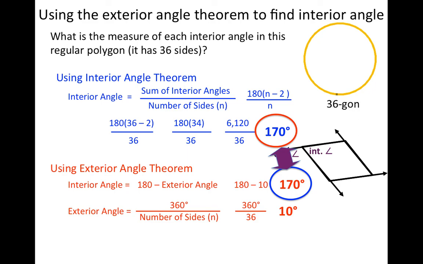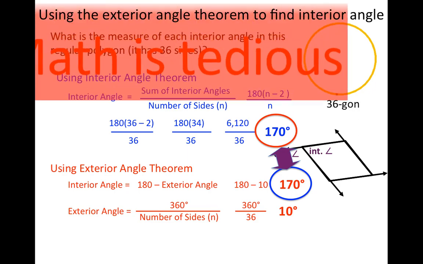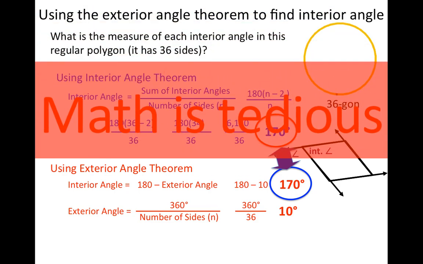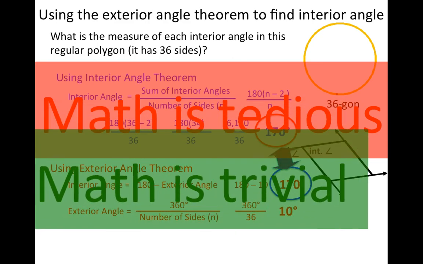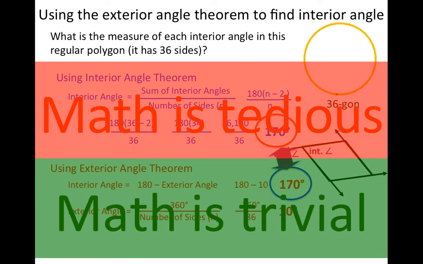So for ease, sometimes the math can be tedious using the interior angle theorem, and the math can be trivial using the exterior angle theorem. So if one comes like that, it's probably better to use the exterior angle theorem. But again, to be clear, you can always use the interior angle theorem to find the number of degrees in the interior of a polygon.